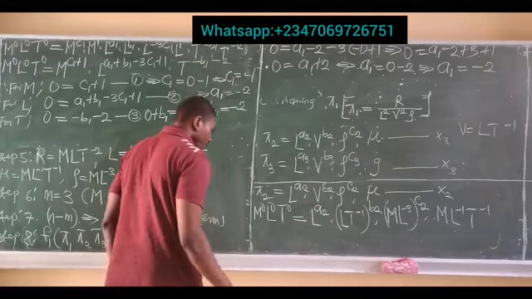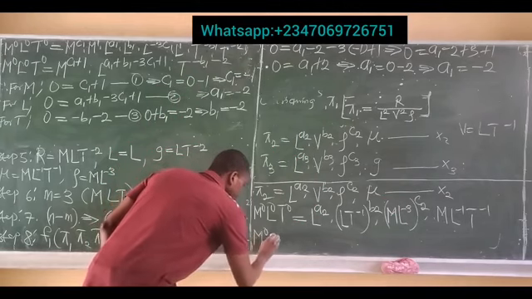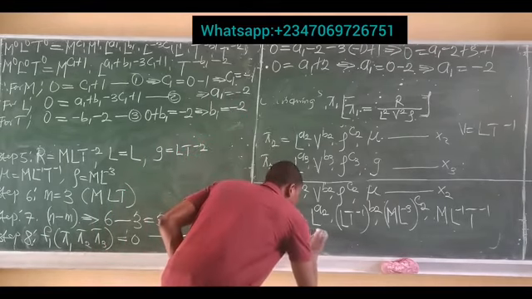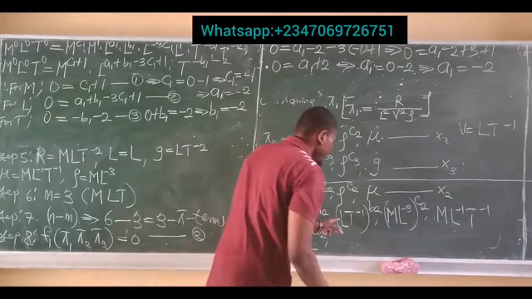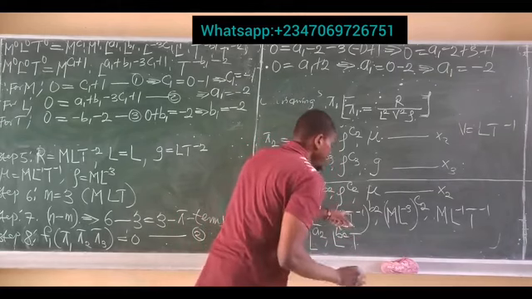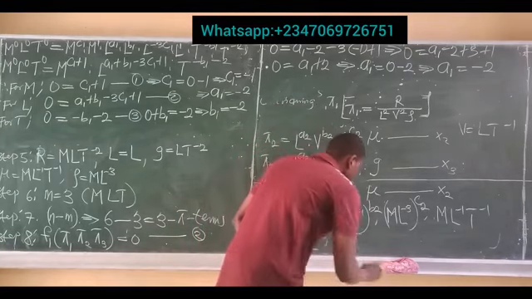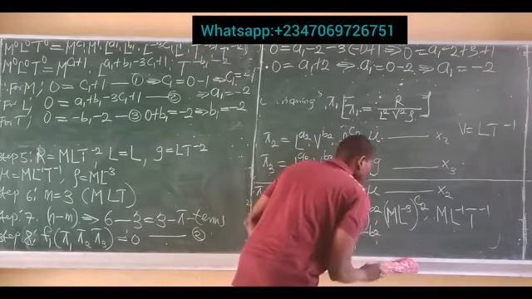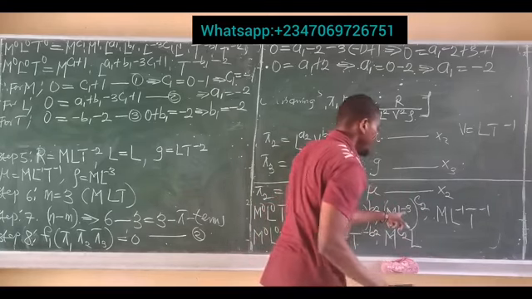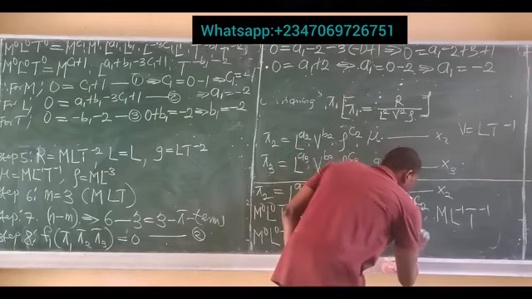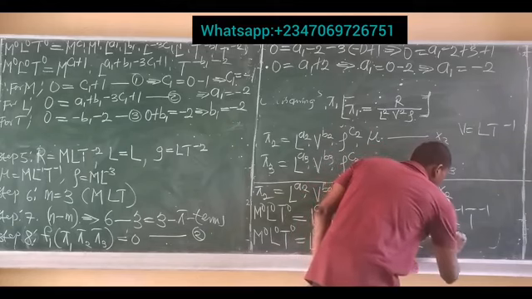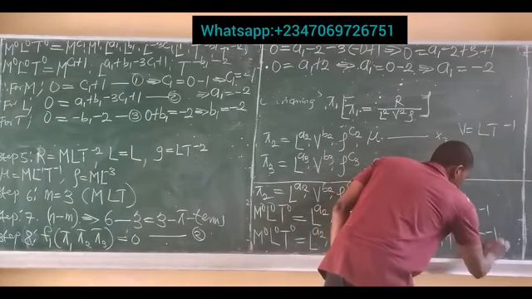These unknown exponents. So this becomes M to the power of 0, L to the power of 0, T to the power of 0, and this is equal to L to the power of A2 times, if I expand the bracket with B2, this becomes L to the power of B2, okay, times T to the power of, remember this is T to the power of minus 1, minus 1 times B2 gives us minus B2, okay, times, this is M to the power of C2, I have C2, L, remember L is to the power of minus 3 times C2 gives us minus 3C2, times M. Remember, this M here simply means M to the power of 1, L to the power of minus 1, T to the power of minus 1.